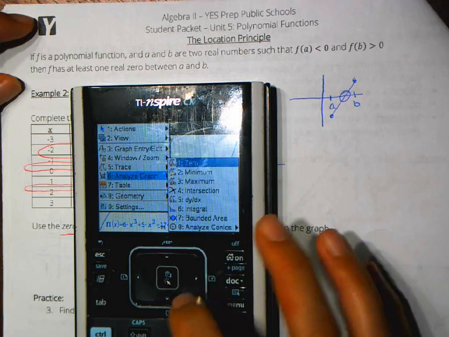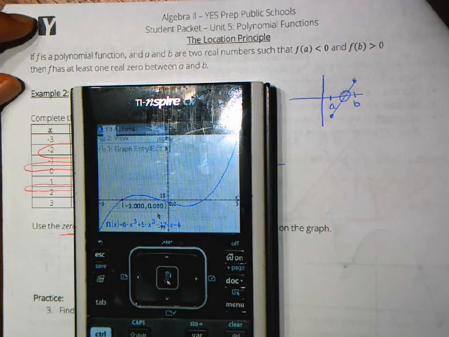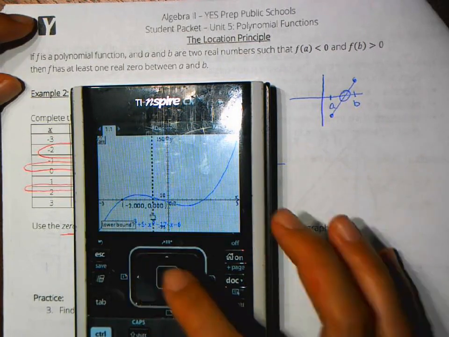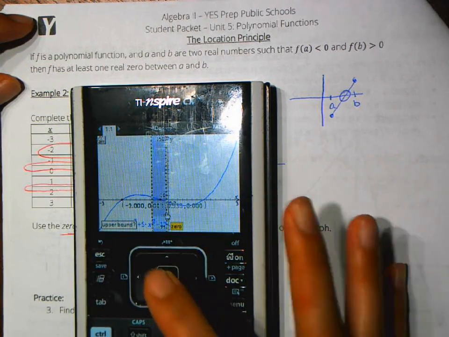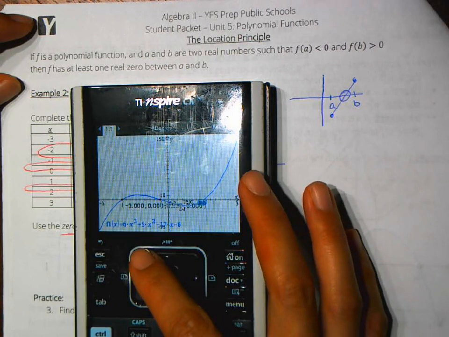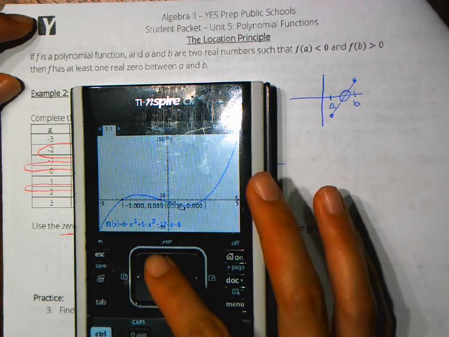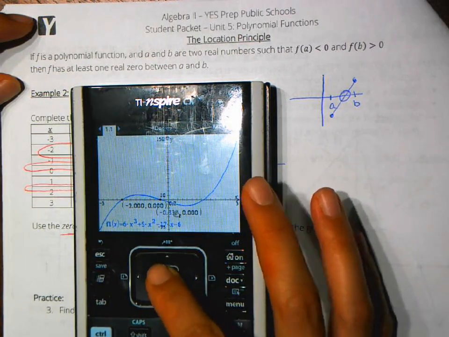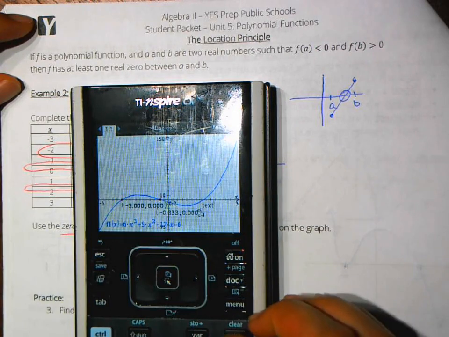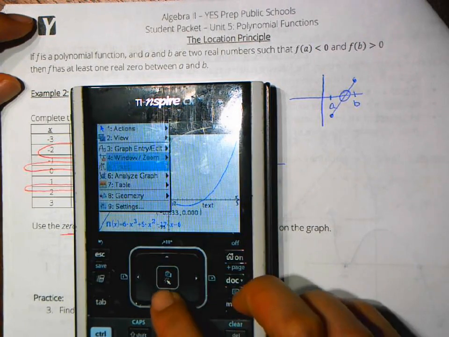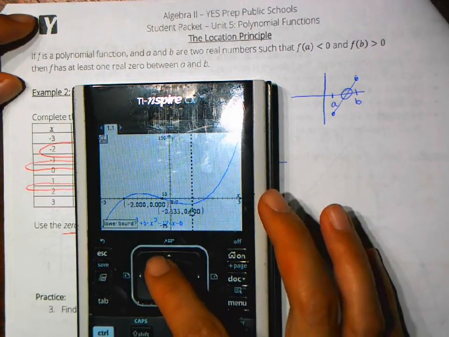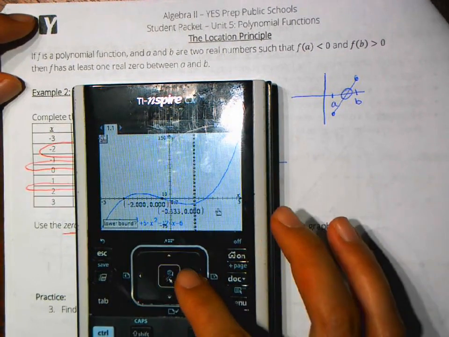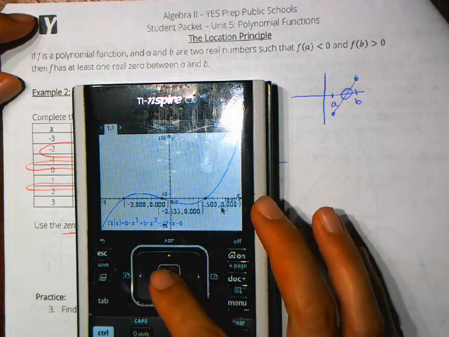Keep going, analyze graph, go to zero, highlight the other 0. That one has a 0 at -0.333, 0. And the last one, analyze graph, zeros, highlight that last 0 right there. The last one is at 1.5.